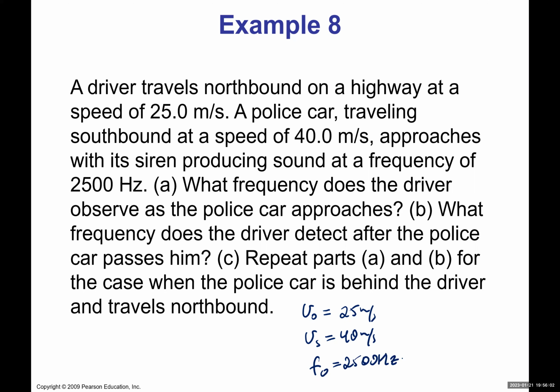Now, part A is asking what frequency does the driver observe as the police car approaches? Because we know the driver travels northbound and the police car southbound, they're approaching one another. So we can use that information to calculate the apparent frequency heard by the driver.